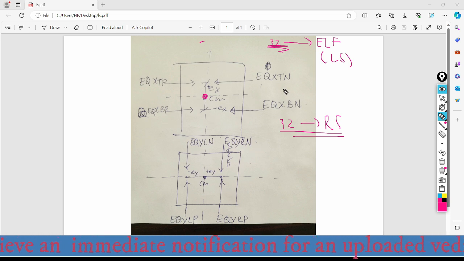When we combine these loads, we'll have four combinations for this, four combinations for this, and four for this, as they said. In this way, that is 4 combinations for this, and for this, and for this, and for this. So totally how many combinations are required? 32 combinations.